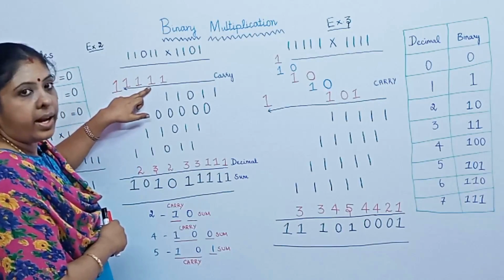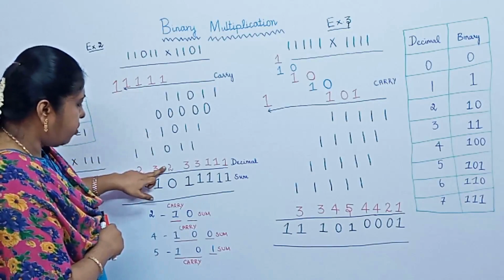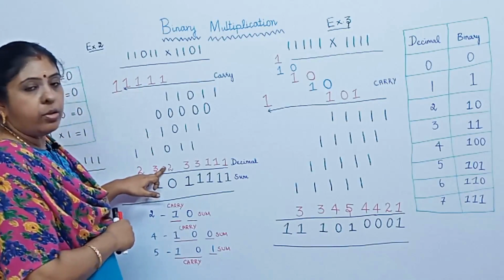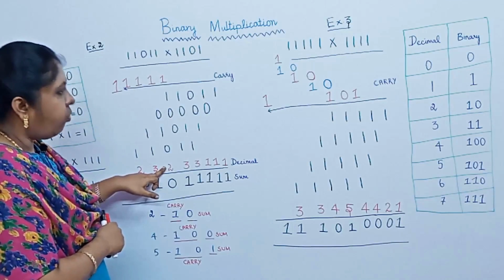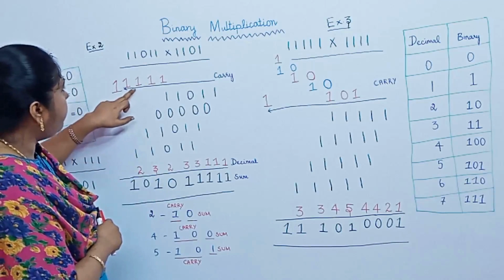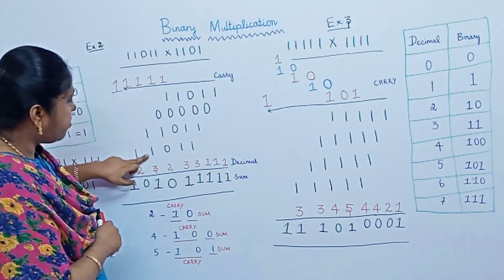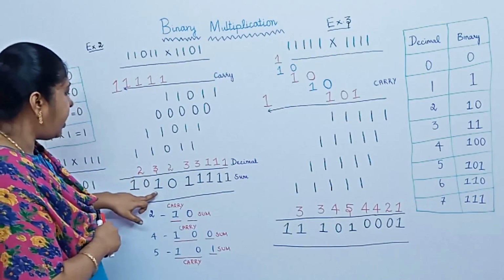So adding this carry bit, 1 plus 1, which is 2. For 2 the decimal value, the binary value is 10. So 0 is placed here. Again 1 plus 1, which gives the decimal value 3. For 3, the value is 11.